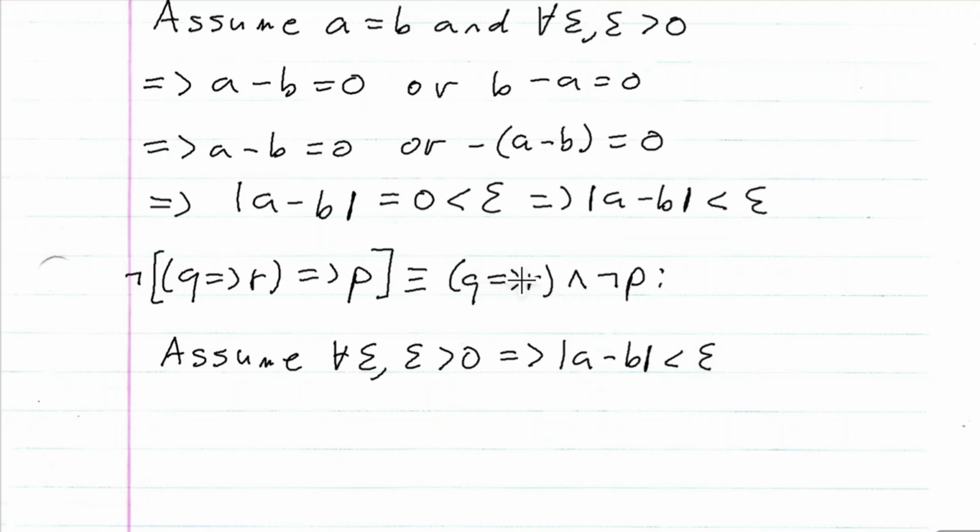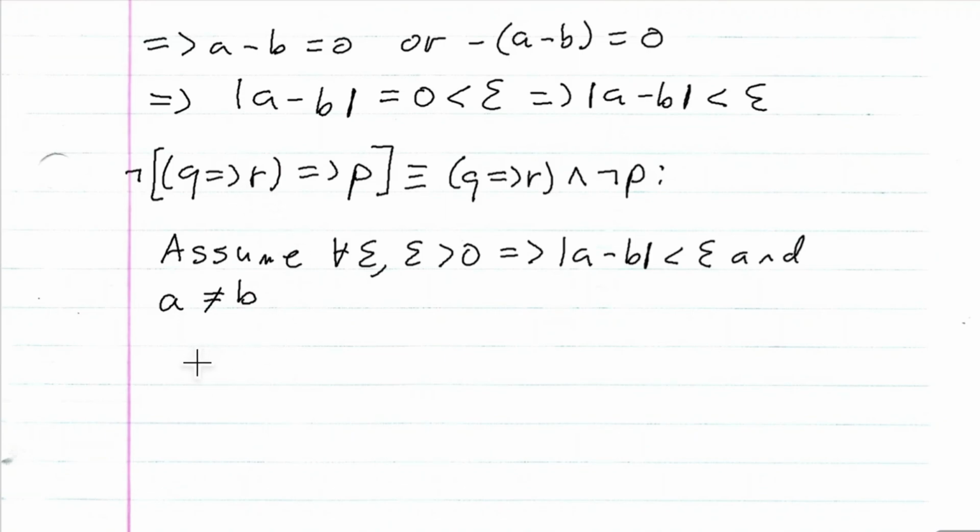Remember, that is the Q implies R. And remember, P was A is equal to B, so the negation of P would be A is not equal to B. So A not equal to B implies that A minus B doesn't equal 0, or B minus A doesn't equal 0.